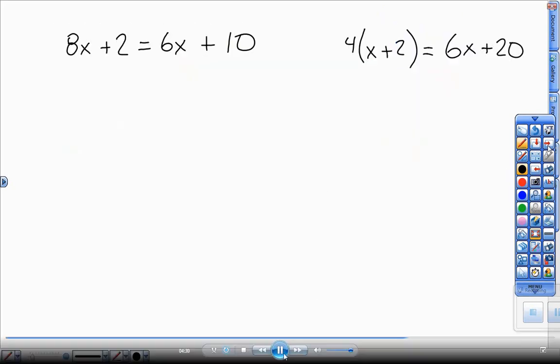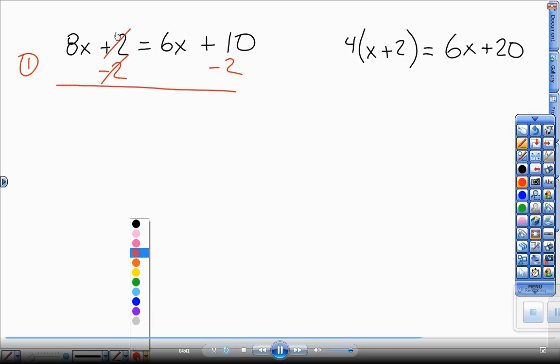For these two, try them, variables on both sides, and then check your answers. So this first one here, hopefully you've tried. I'm going to start on the left by getting rid of the plain number on the left, -2, -2. My second step, when I cross those off and bring the 8x down, the equal down, the 6x down, 10 minus 2 is +8.